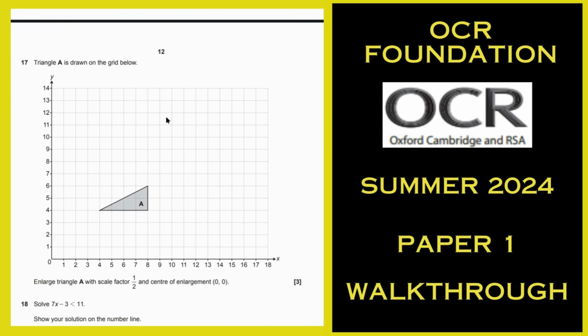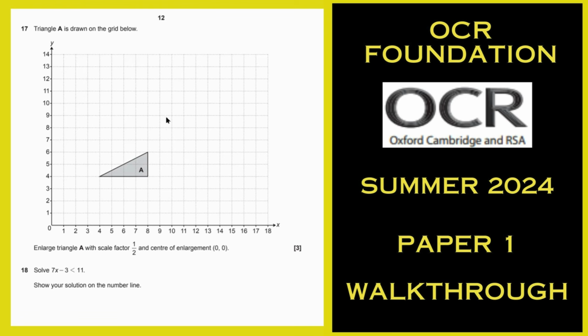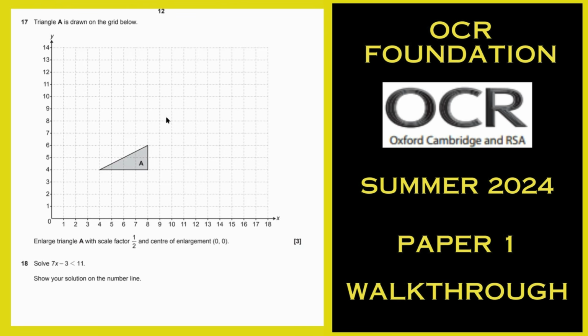Number 17, I've been brave and daring myself to draw this because I want to show you how I do it by counting. The centre of enlargement is 0, 0. There are 3 vertices, 3 corners. Count 4 to the right, 4 up needs to be halved.